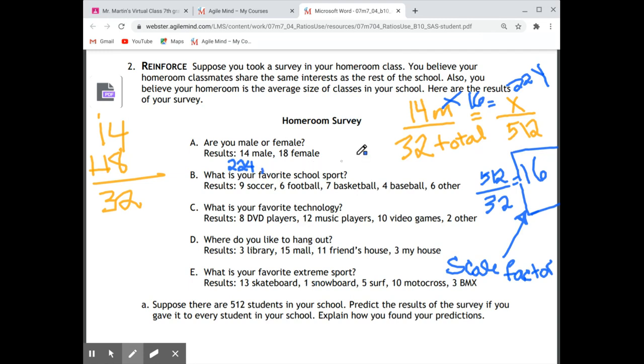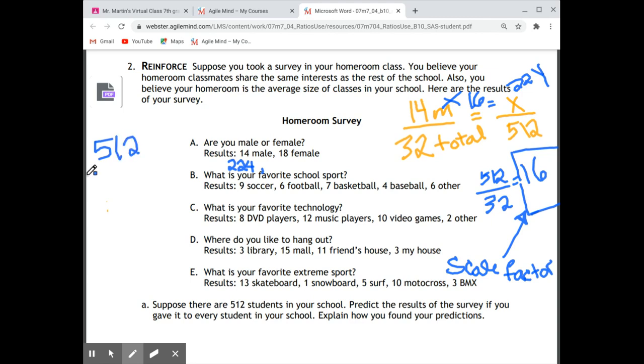How could we figure out how many females there are? Would we have to do all this work again? Well, would you subtract 512 minus 224? That's one way we could do it.